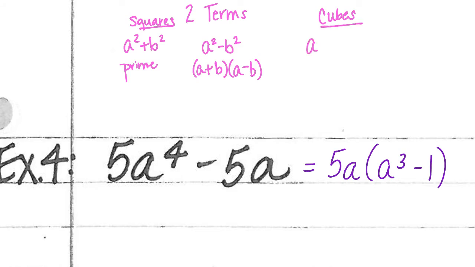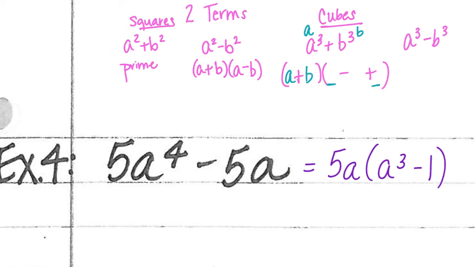So I teach my students a cubed plus b cubed, and we have a cubed minus b cubed. I teach my students a little pattern, and I teach them that there's always two positives and one negative. So I know the perfect cube of a cubed is a, the perfect cube of b cubed is b. These are going to be the a and the b.